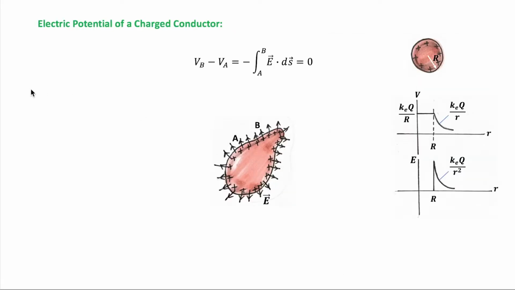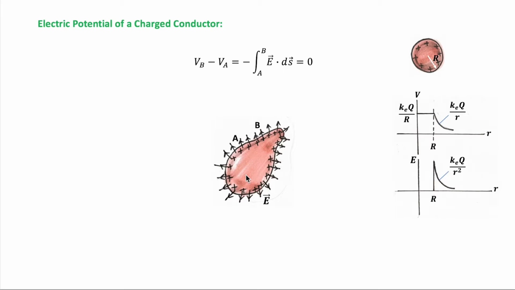So we will now consider the electric potential of a charged conductor. So we have seen that for a solid conductor in electrostatic equilibrium, the charge resides on the conductor's outer surface. And also we have seen that the electric field just outside the conductor is perpendicular to the surface at each point, and also that the electric field inside the conductor is zero.